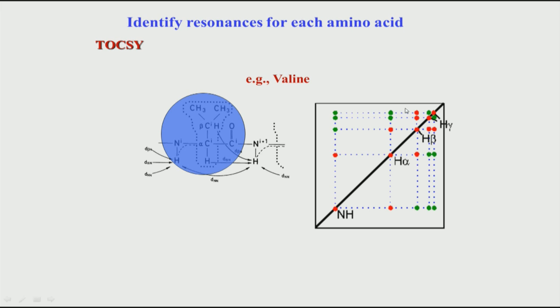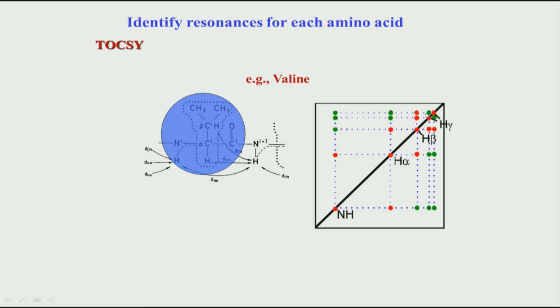So, this is known as stereospecific prochiral protons. These prochiral methyls right now we cannot distinguish, but we will say there are 2 gammas. So, this is the pattern shown in this picture for a TOCSY spectrum of valine.